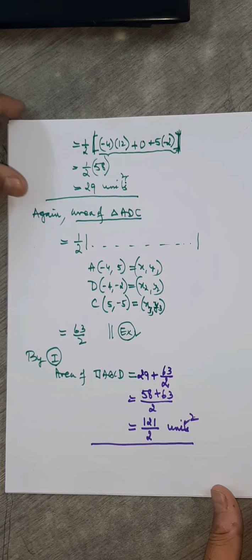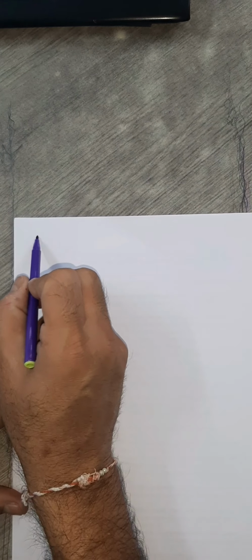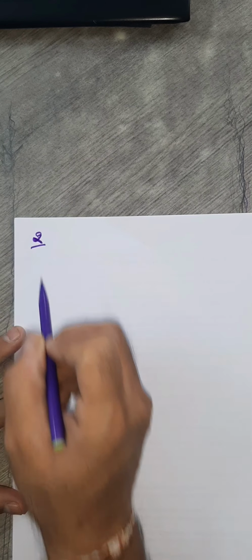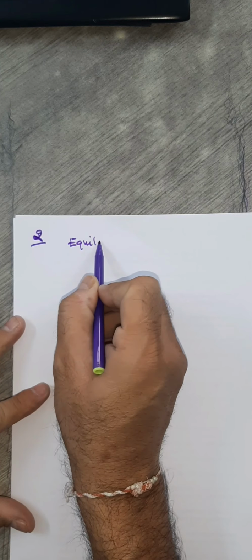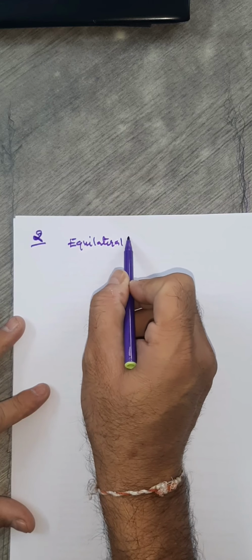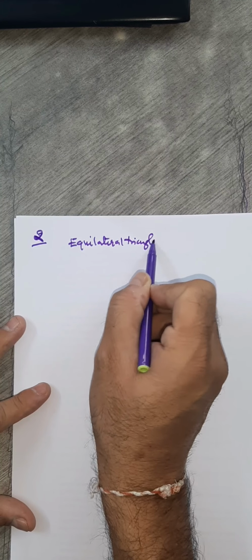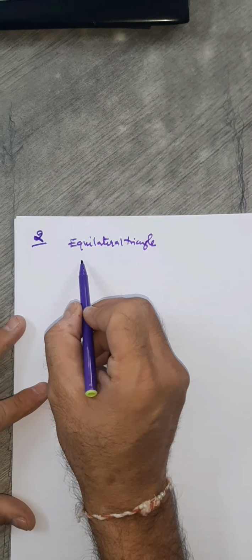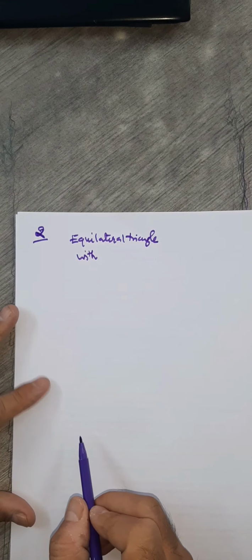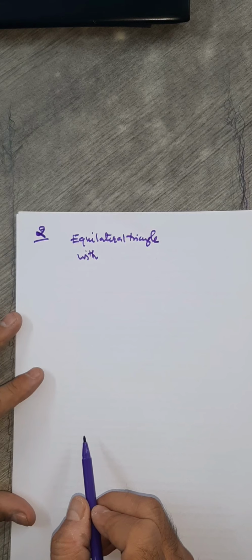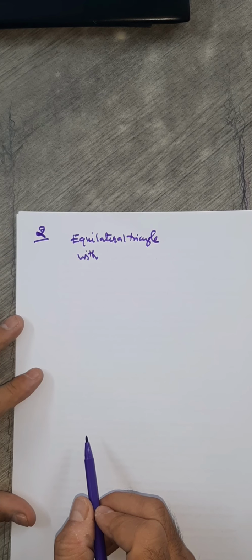Okay. Now next question, question number 2. What does it say? Base of an equilateral triangle. So we have an equilateral triangle here, which means all the sides are equal. Equilateral triangle with side 2a, that means the measures of all the sides equal 2a.